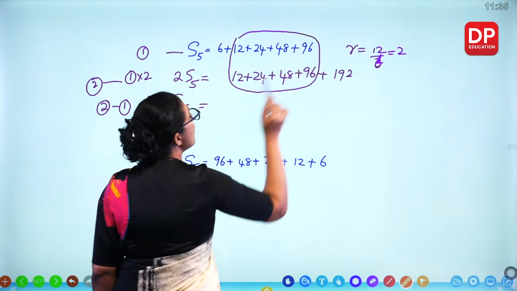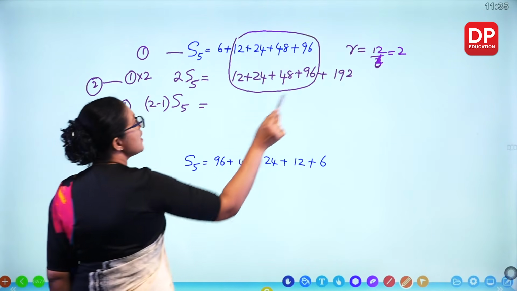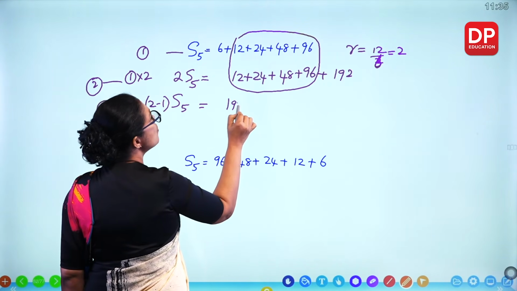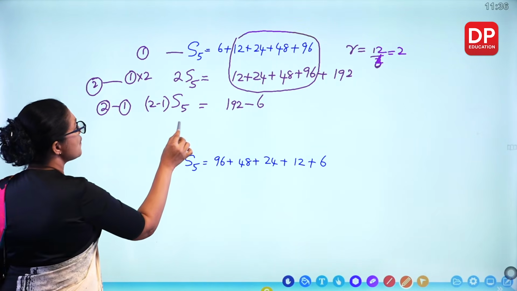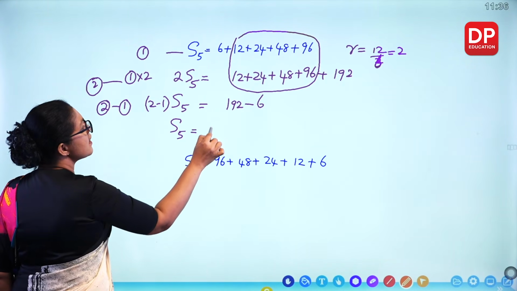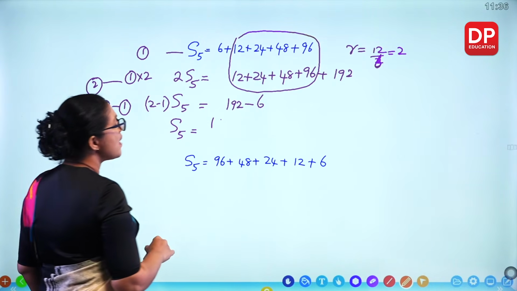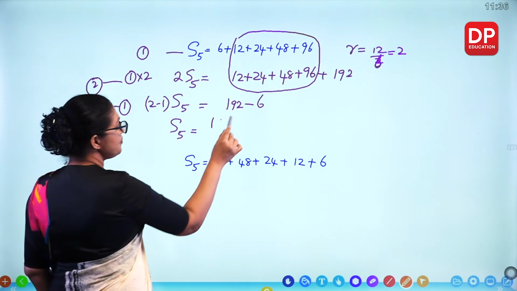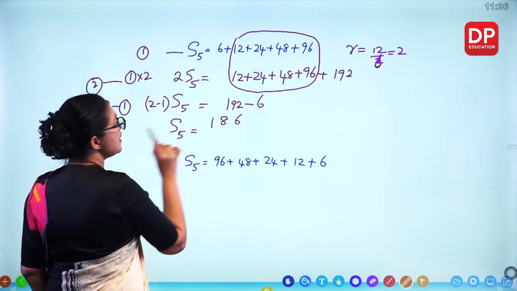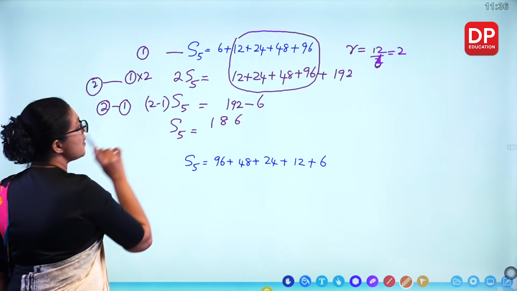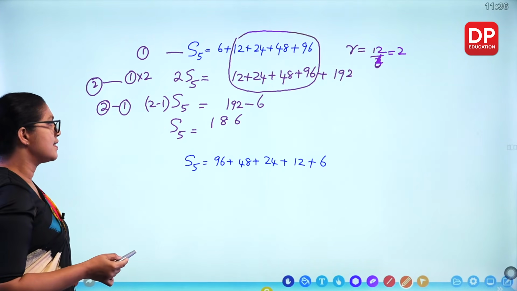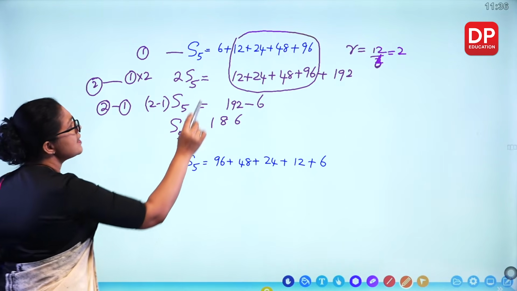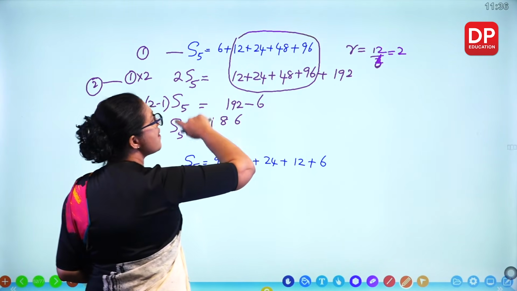Everything gets cancelled out. What's remaining? We get 192 minus 6. So S5 is 192 minus 6, which is 186. So S5 is 186.